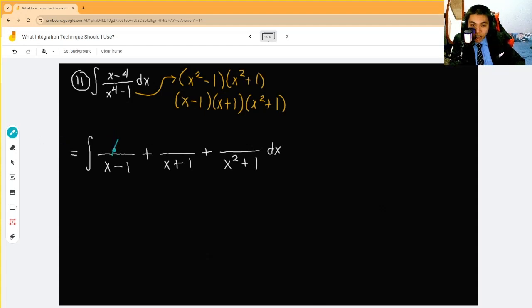Now we have put an a and then a b, and since this is an irreducible quadratic, the numerator here needs to be linear.